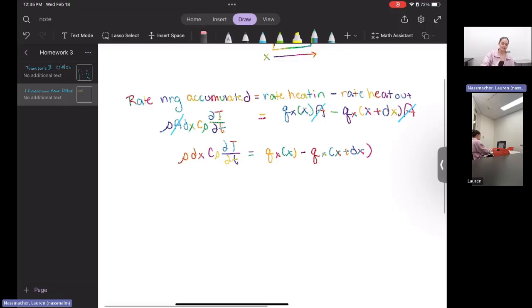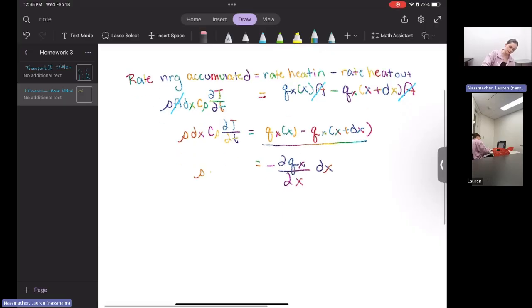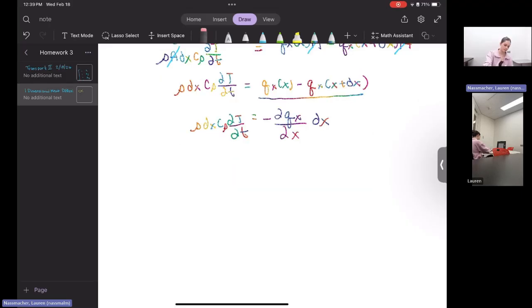And you'll notice that this side of the equation can be rewritten as a derivative: negative heat flux with respect to distance. And that will be set equal to our rate of energy accumulation. We can further simplify this equation into density multiplied by specific heat capacity, the rate of temperature with respect to time.